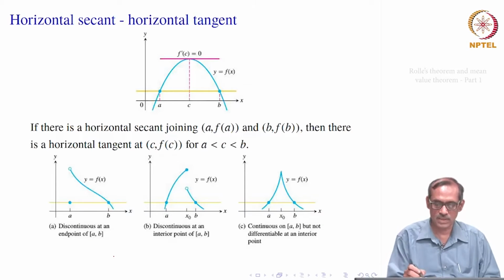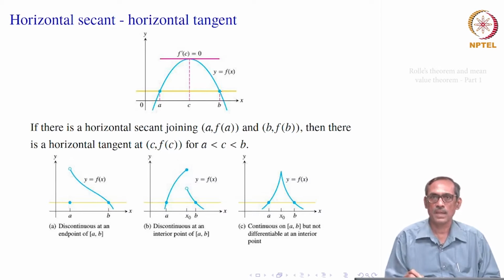But we have to see first what is given and what is to be shown. So, here f is a function which is defined on the closed interval a b. At a also it is defined, at b also it is defined. So, we assume that it is continuous over the whole closed interval a b, and it is differentiable.